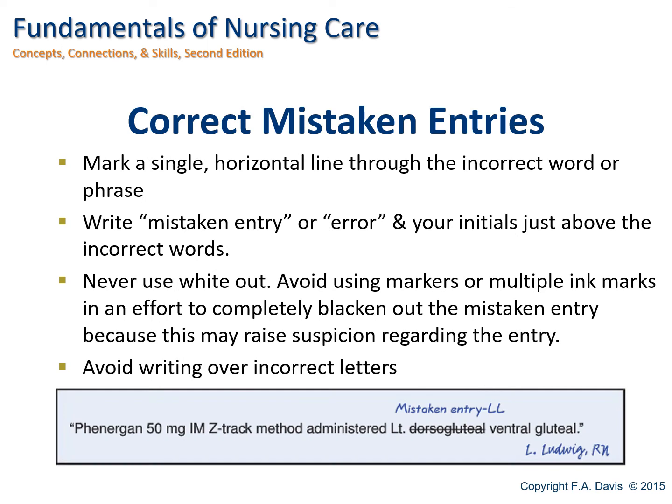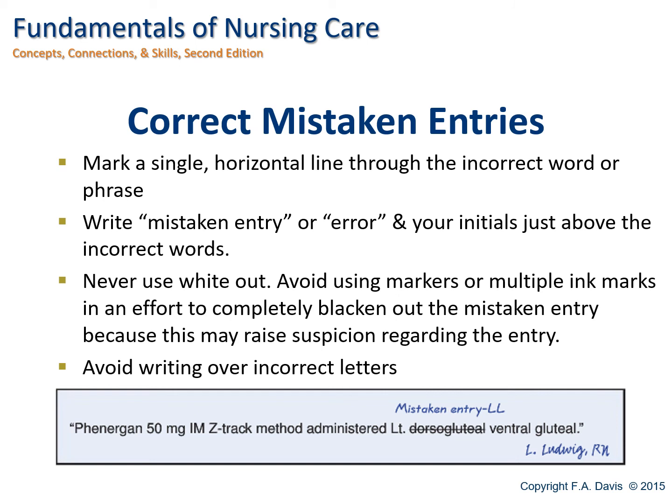You want to take care to correct mistaken entries. So this is again talking about paper charting. You are going to mark a single horizontal line through the incorrect word or phrase, and you can write mistaken entry or error and your initials just above the incorrect words. You are never to use whiteout. Whiteout is not permitted. Avoid using markers or multiple ink marks, like you don't want to scribble all over the words in an effort to completely blacken out that mistaken entry.